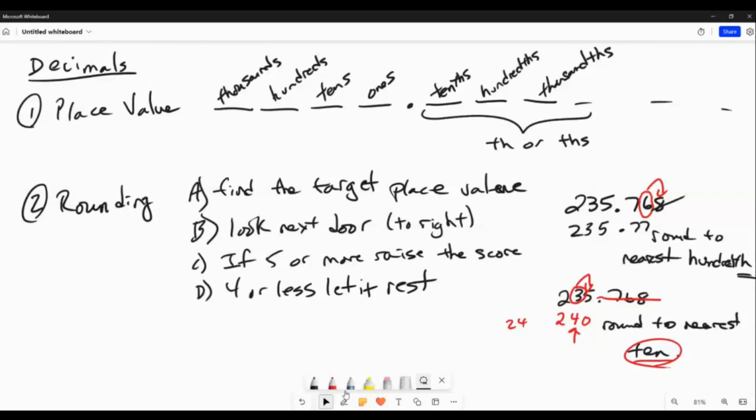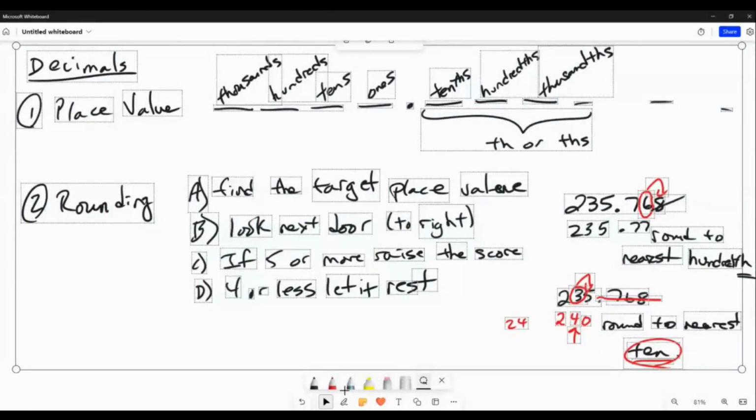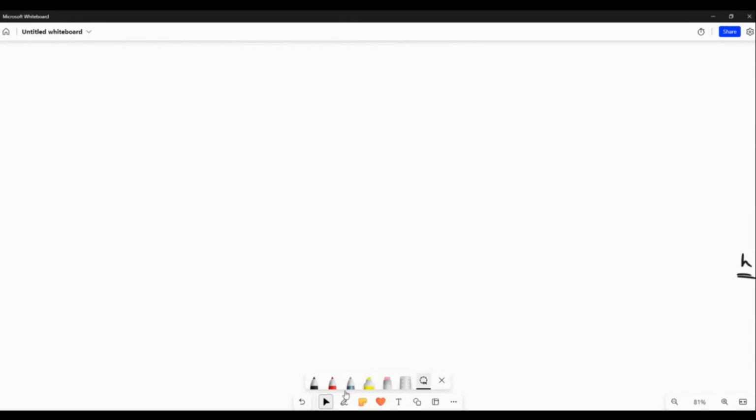Then we did comparing. Okay, so after we talked about rounding, our third lesson was about comparing fractions or decimals.